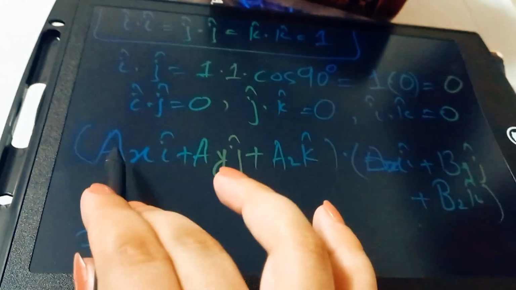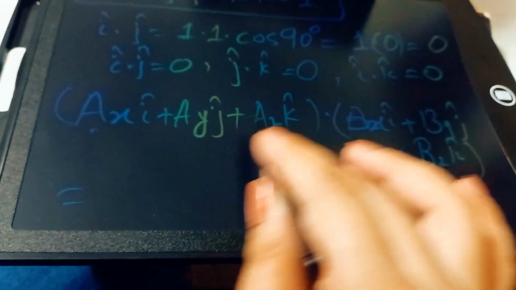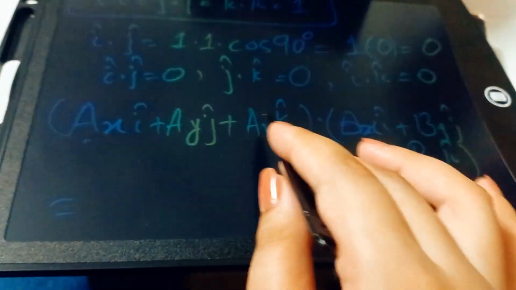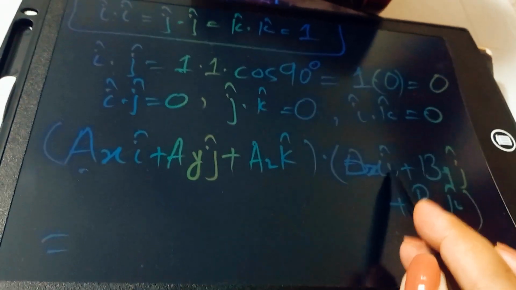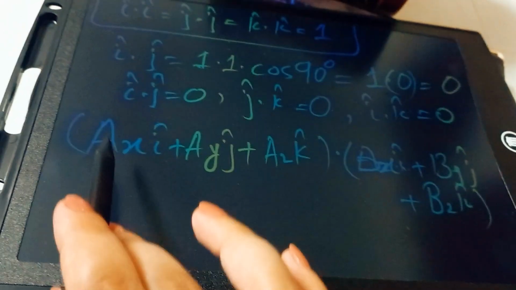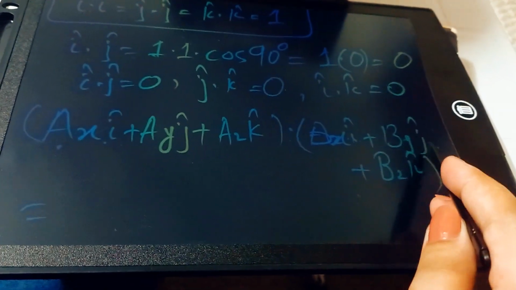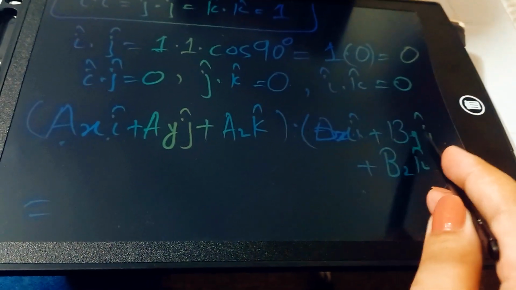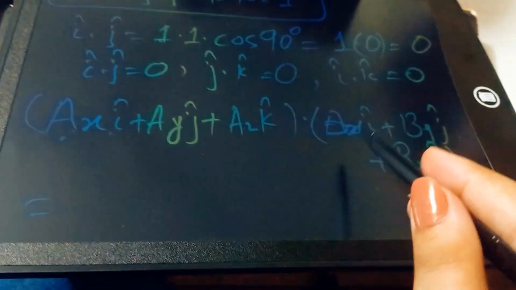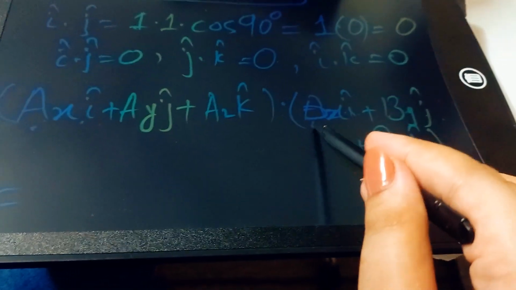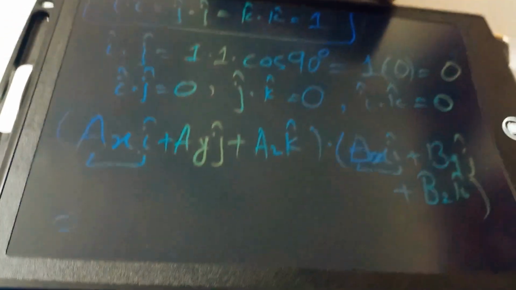It's simply like you will multiply ax with all of these quantities with a dot in between them, plus ay with all of these quantities with a dot in between them, plus this one with all, and you will see when i hat is multiplied with i hat by dot product, it will result in 1. But when you multiply ax i hat dot by j hat, i hat dot j hat will result in a 0 quantity. That is why ax by and ax bz become 0, and they will not appear in the final result. Only the ones which have the same unit vectors will survive.